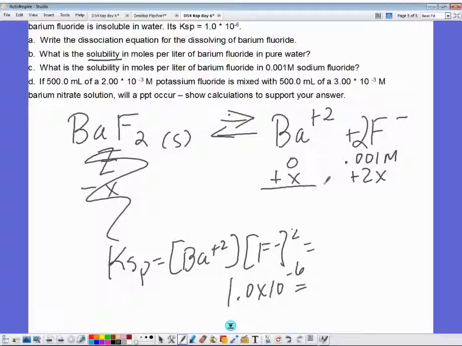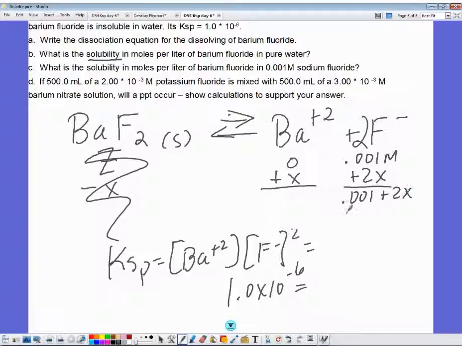But this is where, in chapter 13, with Kc and Kp, you can't do any squiggling of x's. No, no, no, no, no. But in Ksp, because all of them are small values, I am supposed to be able to squiggle. I'm supposed to be able to say 0.001 plus 2x. I don't want to have to deal with all that extra math, even though we could if we needed to.